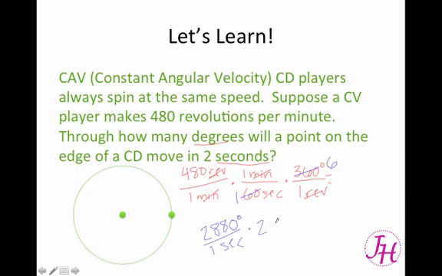So we're just going to multiply that number by 2, and we get 5,760 degrees in 2 seconds. And those are the basics of the angles that we're going to talk about in class.